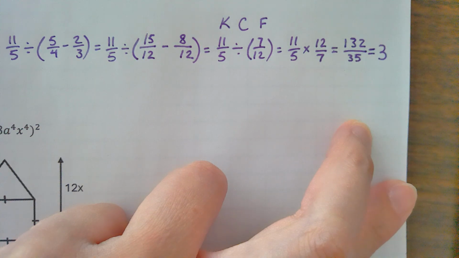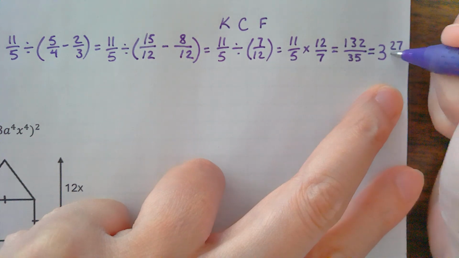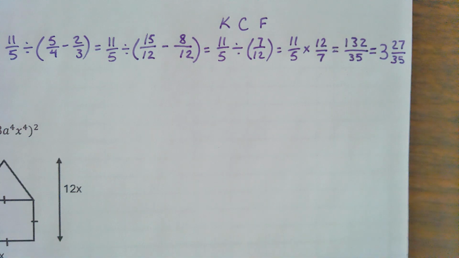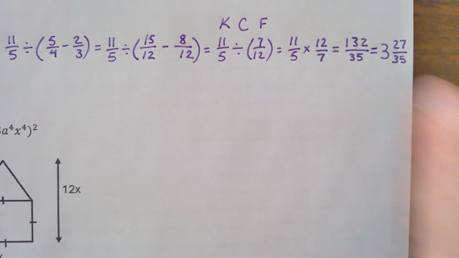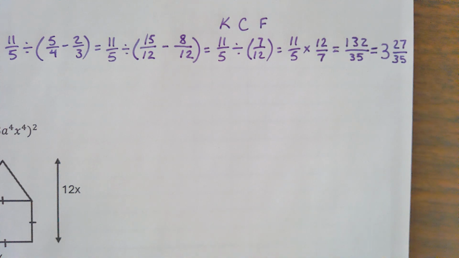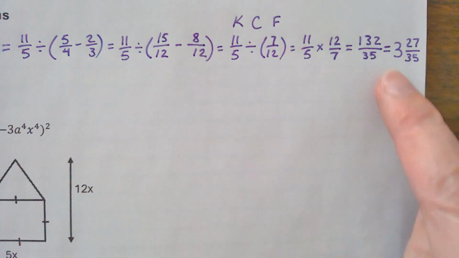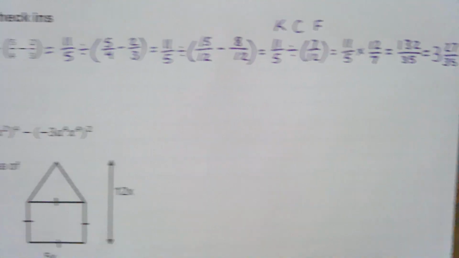And 3 times 35 is 105. So you have a remainder of 27 over 35. Can I reduce that? No. So that's your final answer there: 3 and 27 over 35. Remember on the test, you do have to put it in mixed number form for your final answer.